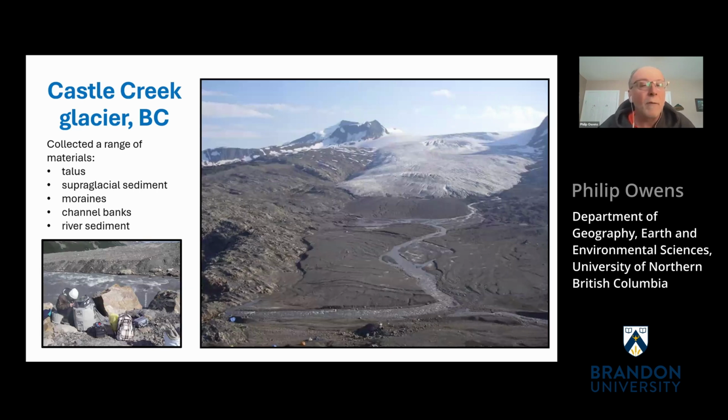We collected a variety of different materials: glacial material, so the material on top of the glacier called superglacial sediment, a lot of the talus material on the slopes, moraine material, channel banks, and river sediment. And you can see hopefully a photo at the bottom of a student doing some field work a few summers ago.